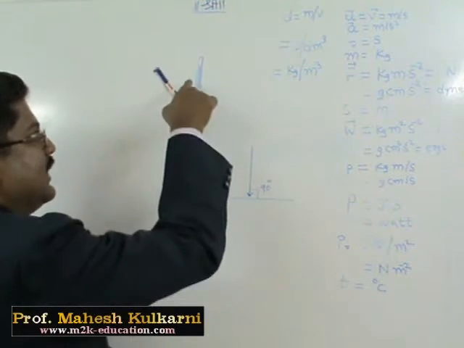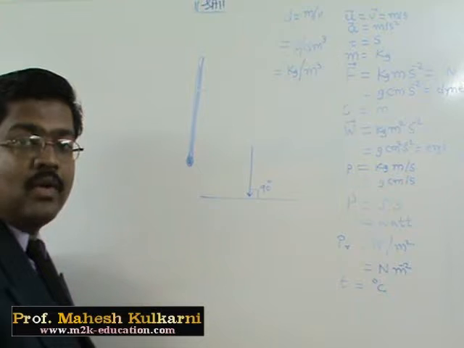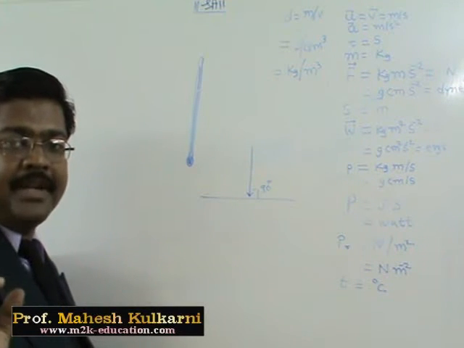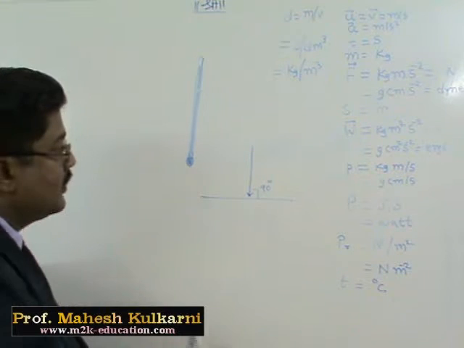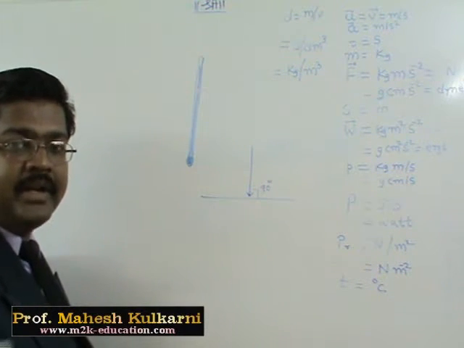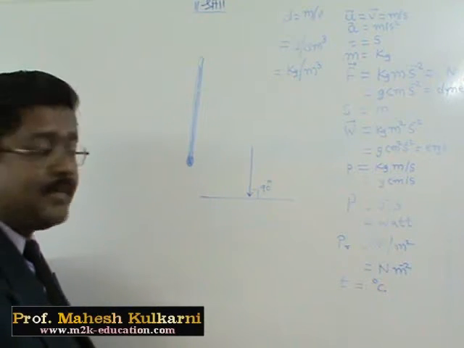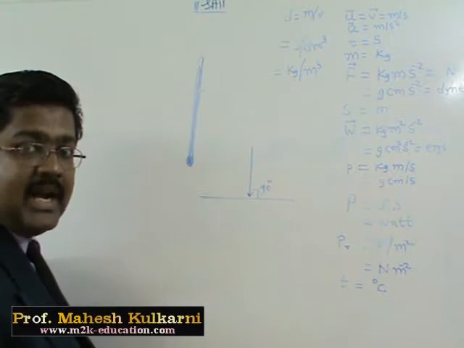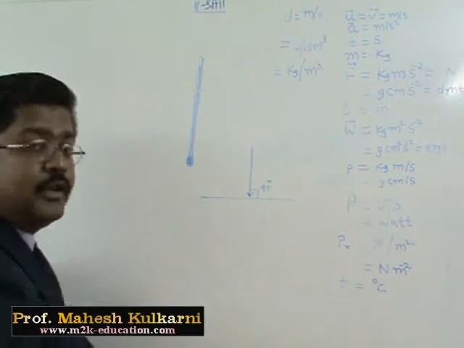Mercury will rise here and then become constant, because at the boiling point of a liquid, the temperature of that liquid remains constant. So I am keeping this bulb in boiling water. Slowly I heat the water first. It will start boiling, and till then the mercury level will rise. Once boiling starts, there is no rise in mercury level.